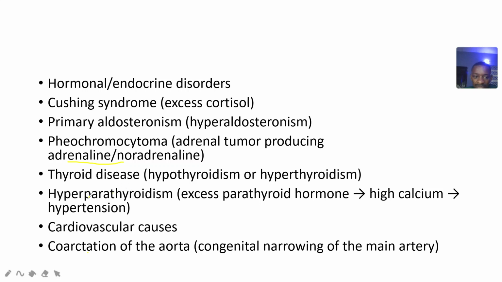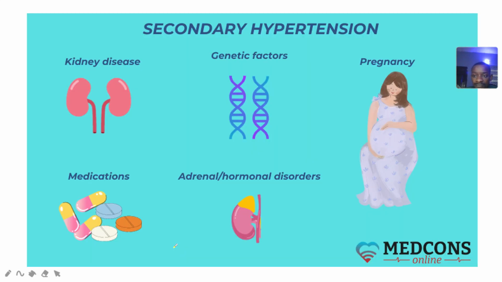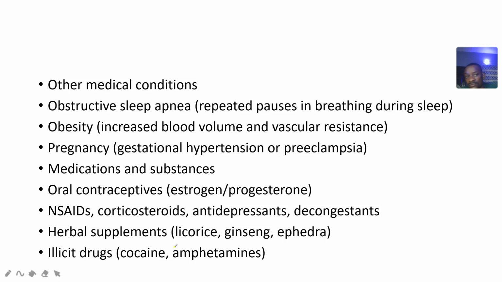Also thyroid disease, and when the parathyroid hormone is too much in the body. Then you can also have cardiovascular issues like coarctation of the aorta. Okay, see that: kidney disease, medications, adrenal issues, pregnancy issues, genetic factors.